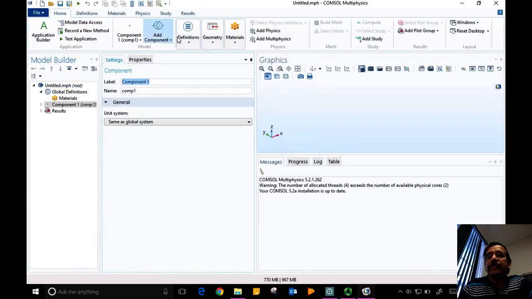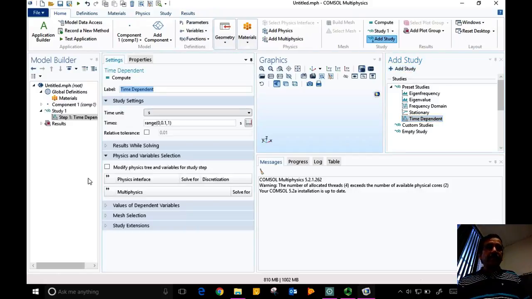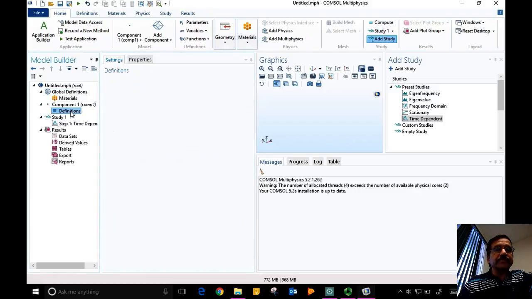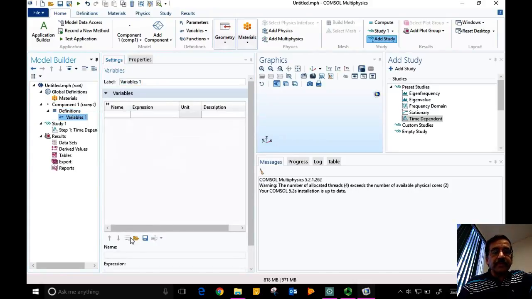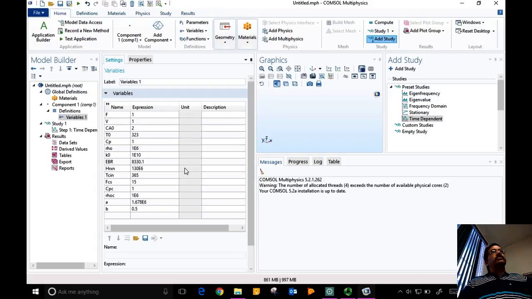And you need to add a study which will be not stationary but time dependent. That enables something equivalent to ODE45 in MATLAB, solves the ordinary differential equation of the initial value. Okay, so the study is now time dependent. And of course you need to now import all the parameters and the variables, etc. So if you go here, definitions, variables, and then you can just open this par and define all those variables, okay?